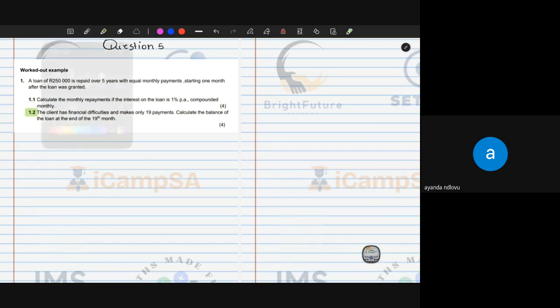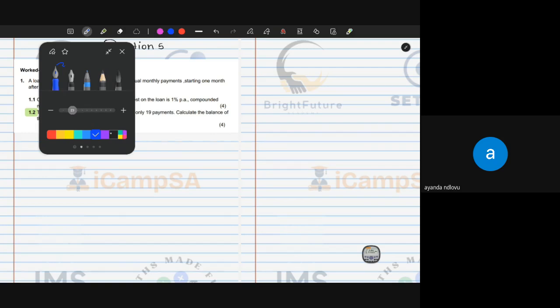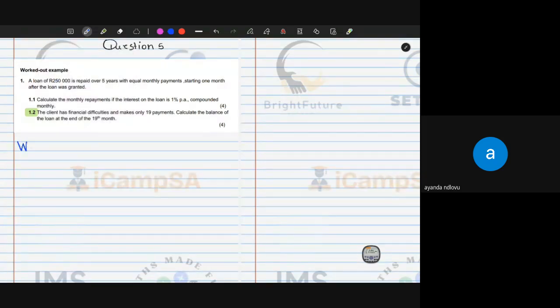Okay, so maybe we need to figure out first, what are we looking for? As always, that is the question you should ask yourself. When you are looking at a question, what are we looking for? Anyone, guys, want to give this a shot? What is it which we are looking for here? We're looking for the outstanding balance from the original loan.